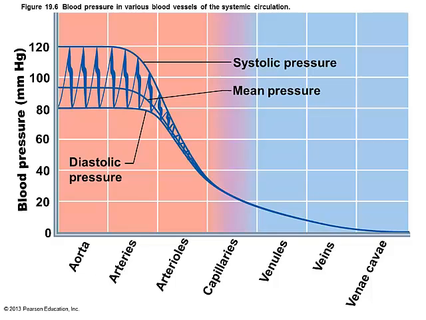Because it's not as strong as what's coming right from the heart. So you're ahead of the game. So systolic minus diastolic is pulse pressure. And that's in millimeters of mercury, what you feel when you feel your pulse.